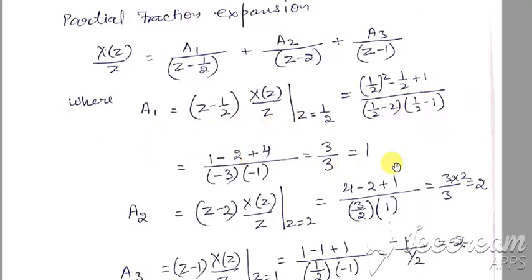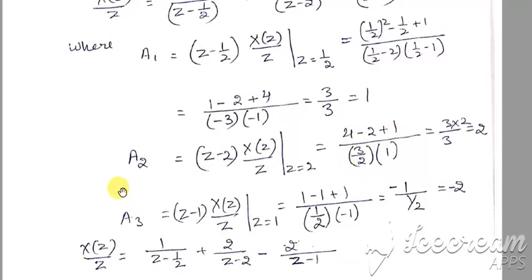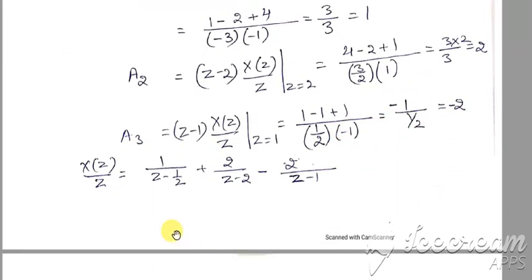We get 1, A2 we obtain 2 and A3 we got minus 2. After putting these values of A1, A2, A3, we get X(z) upon Z is equal to 1 upon Z minus 1 by 2 plus 2 upon Z minus 2 minus 2 upon Z minus 1.